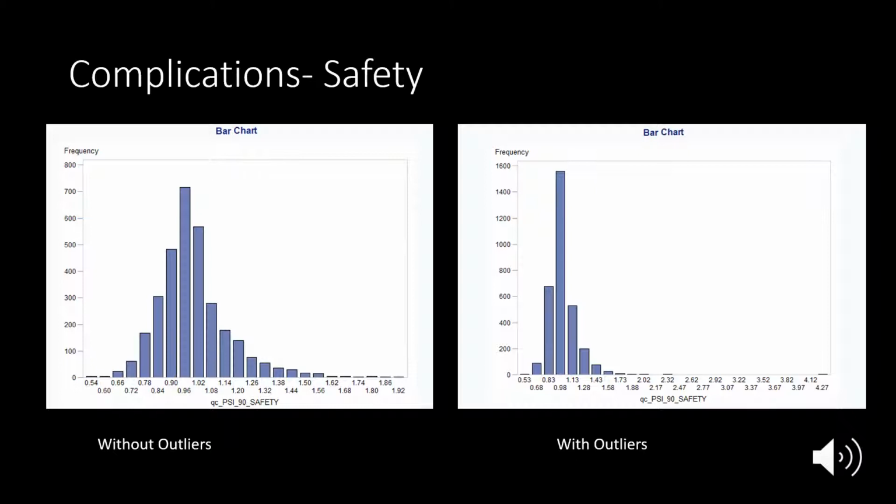In order to make the data more representative of the average hospital in the United States, and to make the data cleaner for statistics purposes, making a bar graph without outliers was most appropriate. So in the bar graph without outliers, it stops at 1.92, and in the bar graph with outliers, it stops at 4.27.